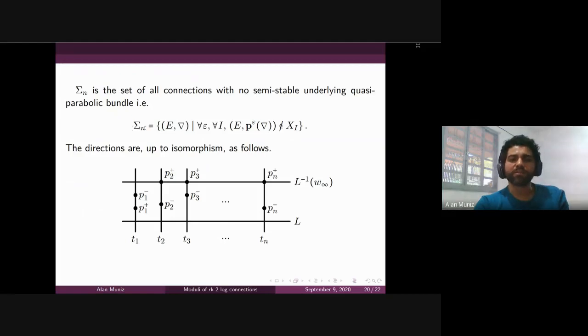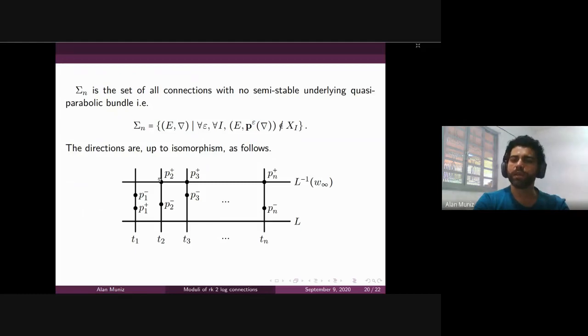But as special as it is, we can describe the connections. Up to isomorphism of the vector bundle, we have a special configuration of directions.